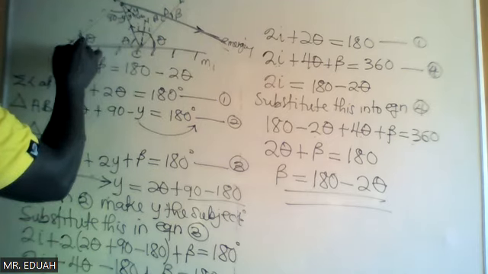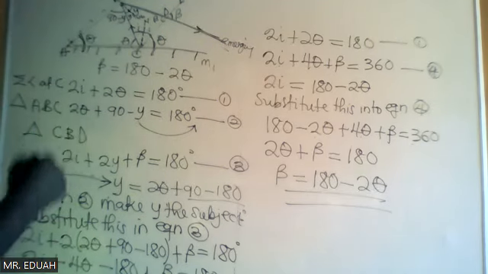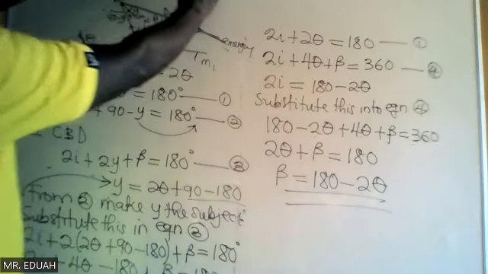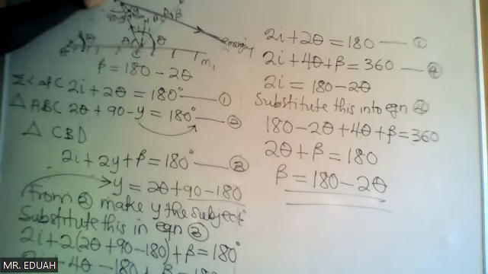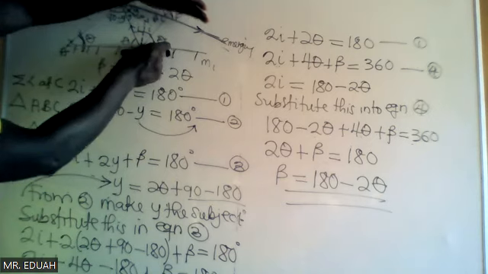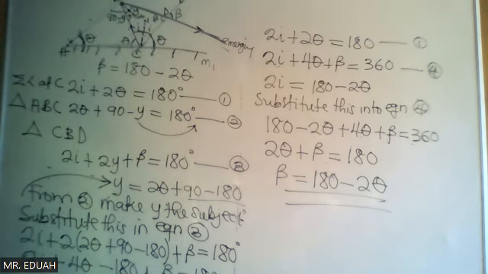No, please. Yes, that's the reason why. The incident ray looks like it is parallel to this mirror, but the emerging ray doesn't look like it is parallel to this. That's the reason.